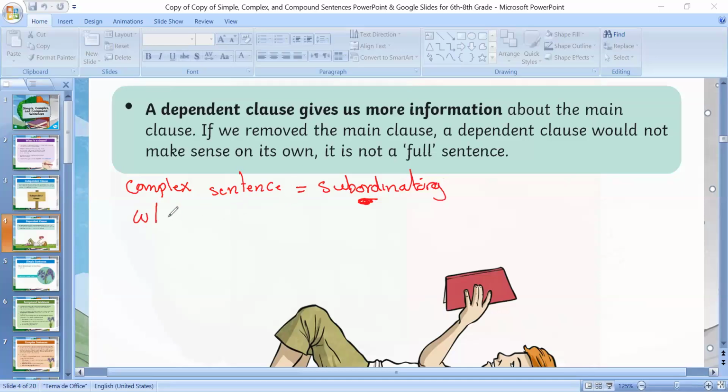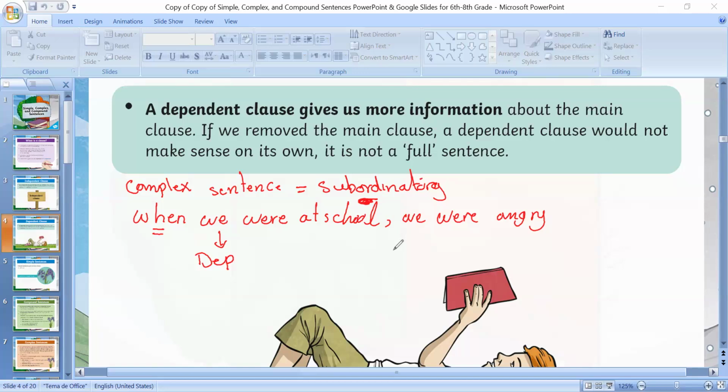So if I said, when we were at school, we were angry. This sentence on the screen consists of two main parts. The first part has the subordinating conjunction, so this is a dependent clause.